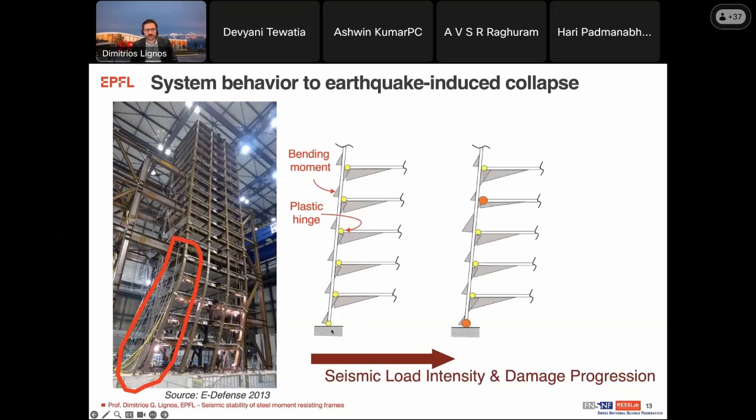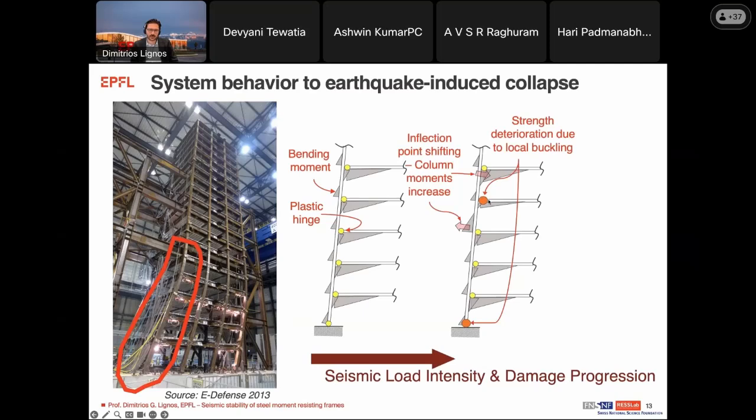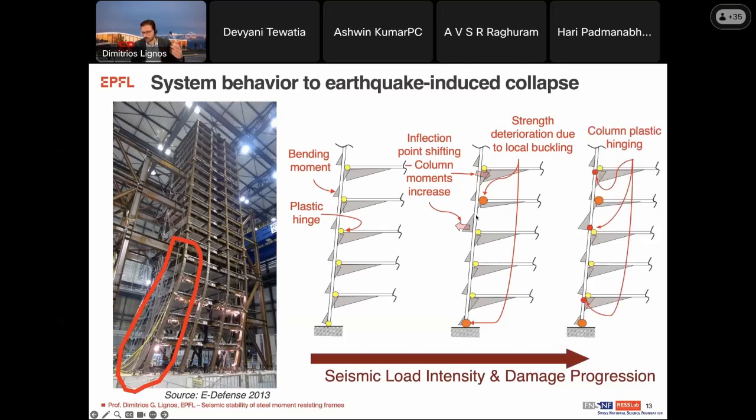But if we get an earthquake with higher seismic intensity, usually what is going to happen is that at the locations where we anticipate to have damage, there is going to be strength degradation because of local buckling that I showed in the previous slide. And that will create redistribution in the members, and it will, of course, increase the flexural demands in columns. And eventually, depending on the severity of the event, that could naturally lead to plastic hinging in the columns.